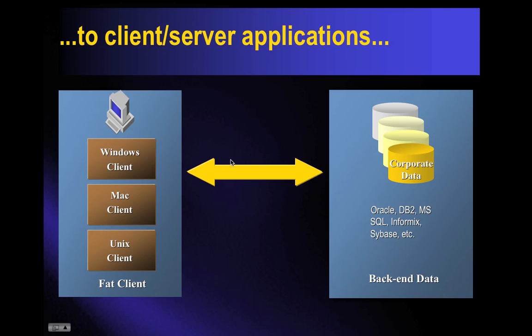And so the interesting thing is, this doesn't really have any problem to it because these guys are fat, and they can have applications loaded on them that maximize the information that they're getting and can store the information locally.